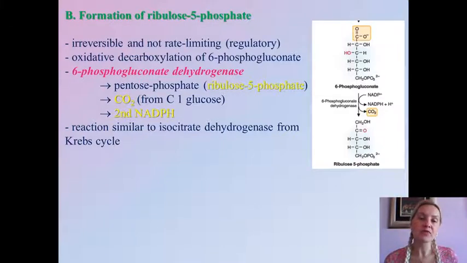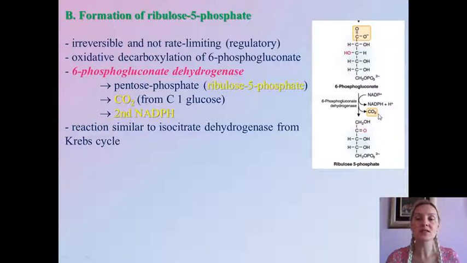The second part of the oxidative domain of the pathway is formation of ribulose 5-phosphate, if you remember. The third reaction of this part of the pathway is an irreversible reaction, of course, like the previous one, but this time it is not a regulatory reaction.